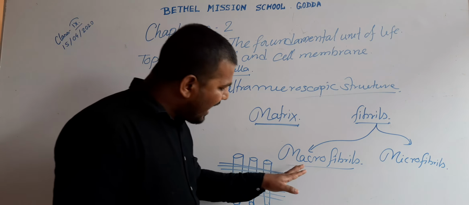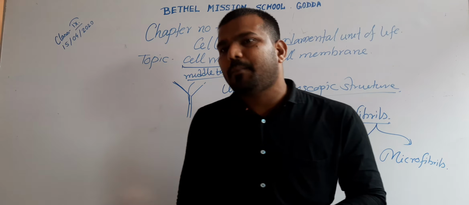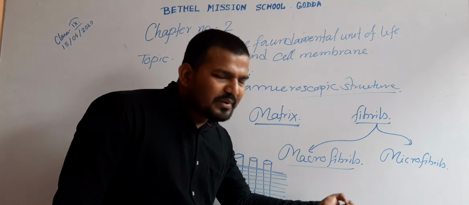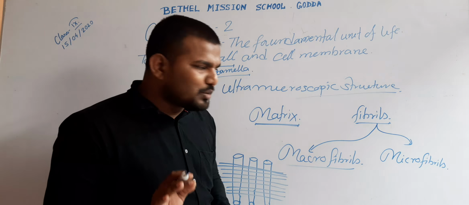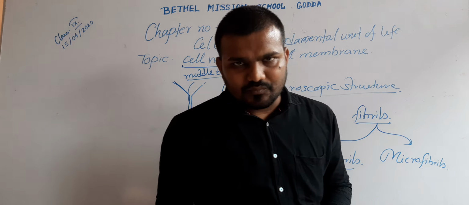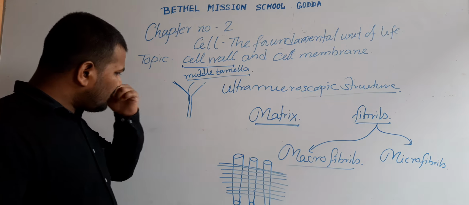Now these macrofibrils are formed by almost 20 microfibrils. So 20 microfibrils are combined to form the macrofibrils, and each unit of the macrofibrils is termed as a micelle.